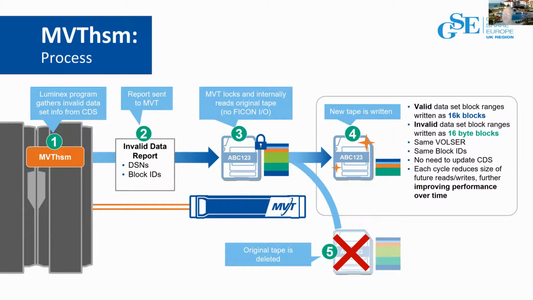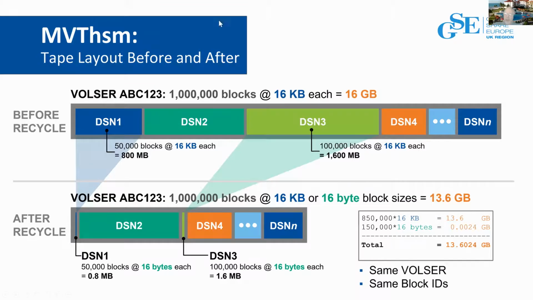Now we're going to step inside the container file, and we're going to look at how this really impacts what's going on. So let's assume that up here before, on the top half of the page, where you see the vol.seer, as an example, ABC123, has 1 million blocks of data.